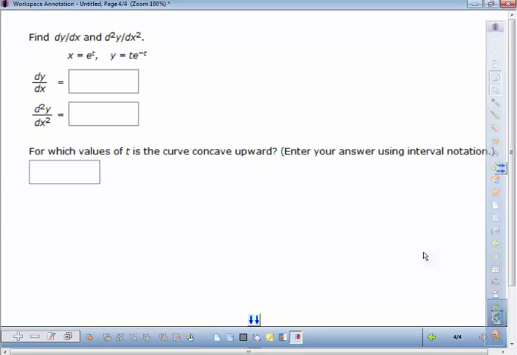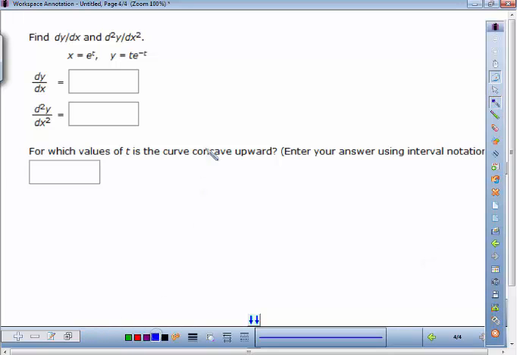So we have e to the t and then t e to the negative t are two functions, x and y. And they want us to find the derivative. So first, let's find dy dx, which, remember, is y prime of t divided by x prime of t. I switched notations on you guys. I hope that's okay, yeah? Is that okay?